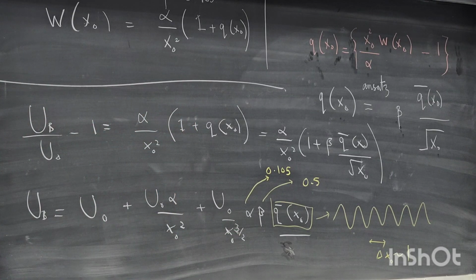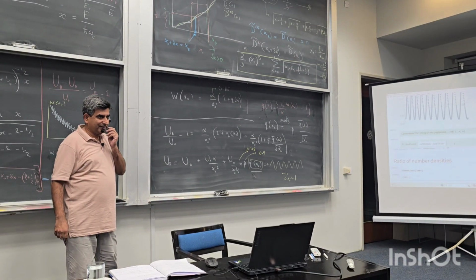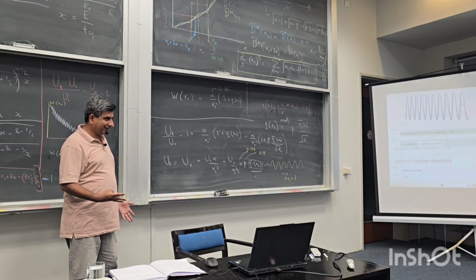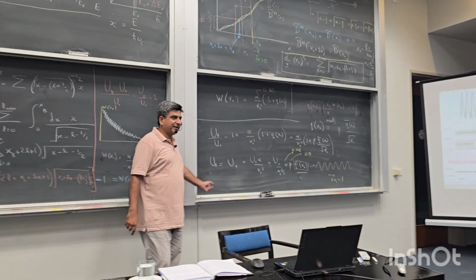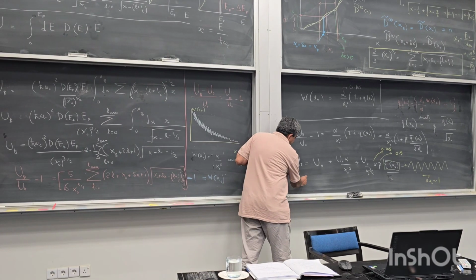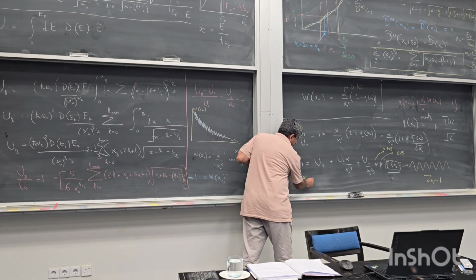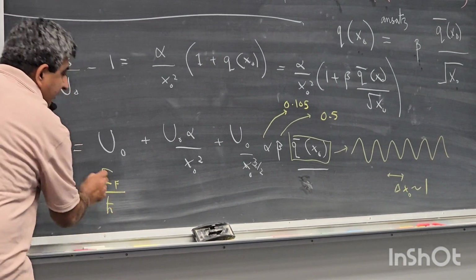Now once I have the energy for these free electrons, I can find various quantities. First of all, if I take this energy, I could place x naught equal to E_F, which is the Fermi energy in the absence of a magnetic field, over h bar omega c.